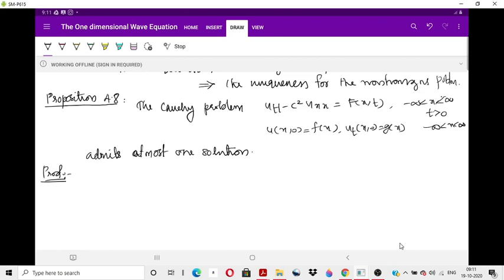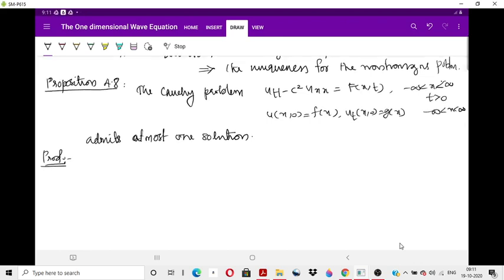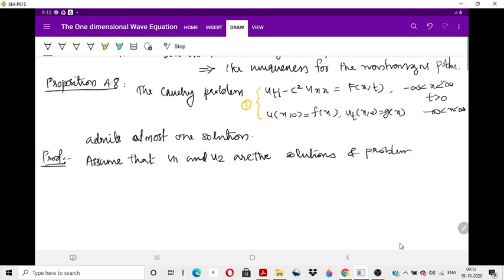For proving the proposition, first we assume that there are two solutions, u1 and u2, for the given Cauchy problem. Let the Cauchy problem be equation number 1. Then assume that u1 and u2 are solutions of problem 1.